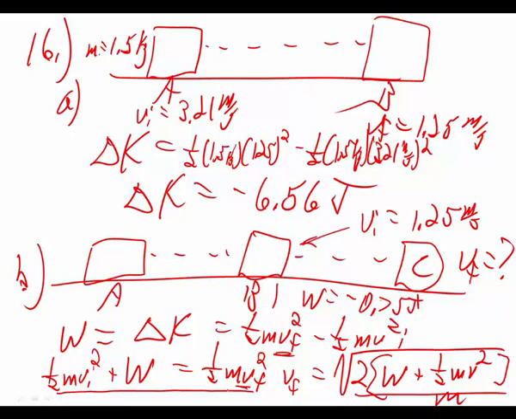I know that's a lot of algebra, but you need to train yourself to do that. Because it helps you to see when you look at these equations, you'll say, oh yeah, that right there is the same as work. Potential energy is the same as work. And kinetic energy is the same as work. And kinetic energy has velocity. So I can find the velocity. Okay. So now we just plug and chug.